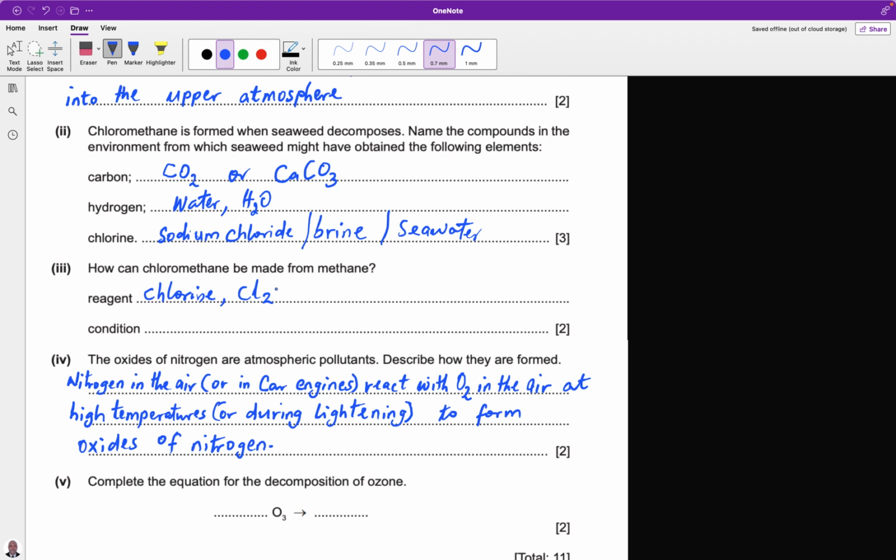So the condition is UV light or sunlight, or at high temperatures.